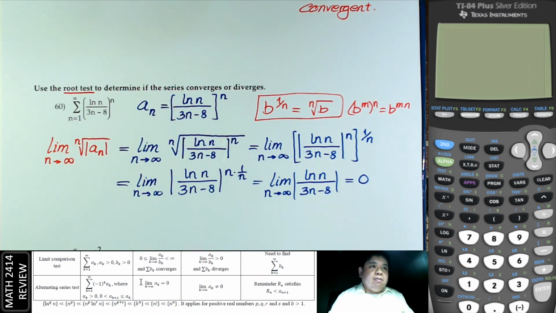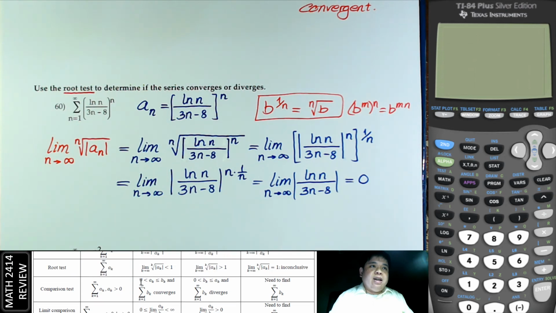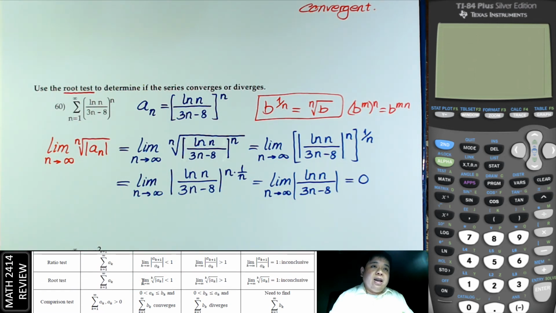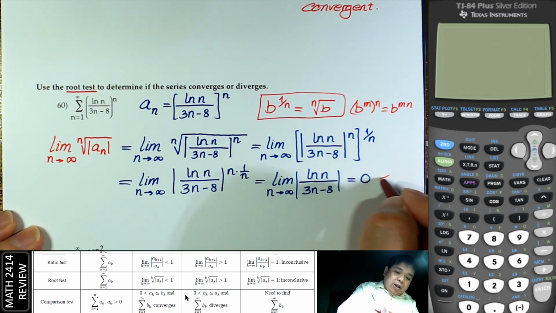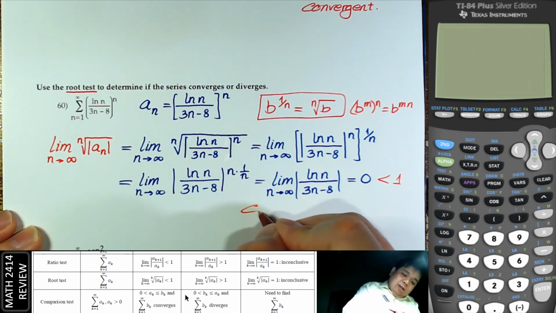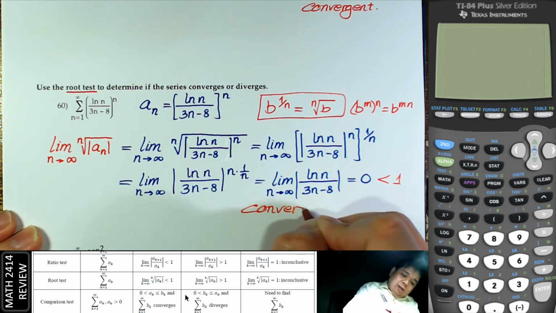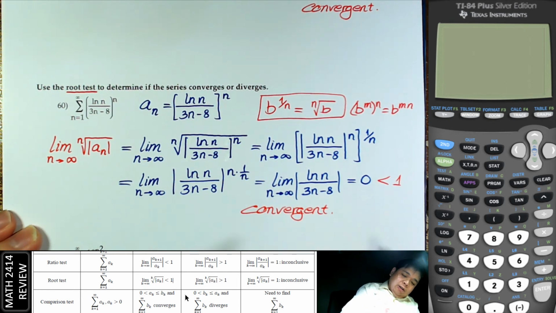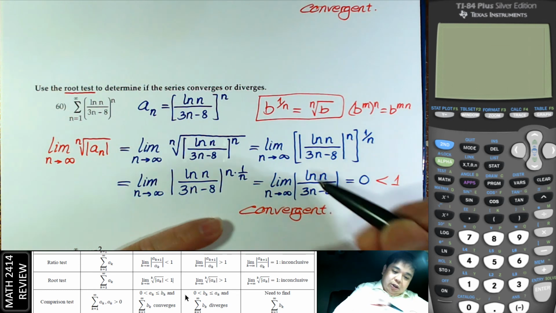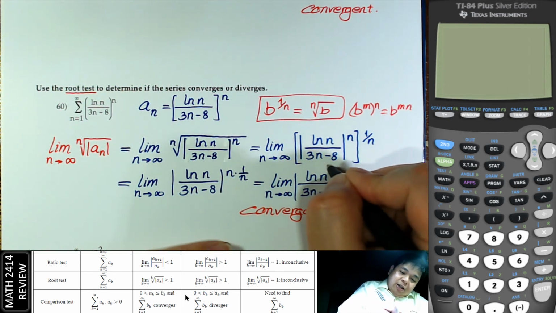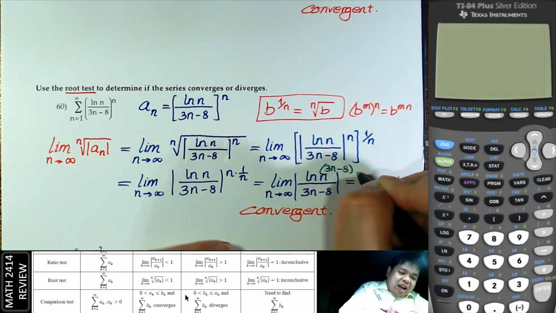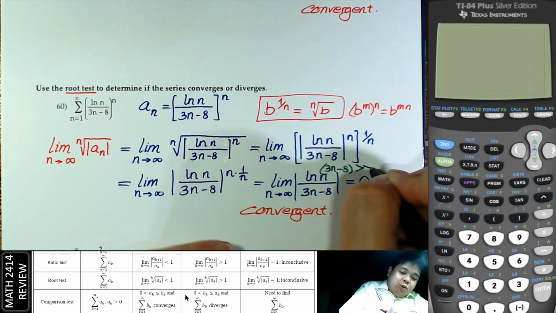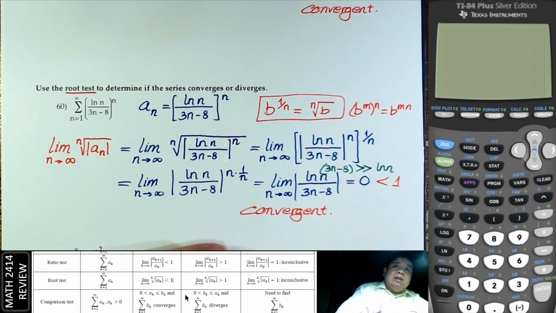And the root test says that if it's less than 1, it is convergent. So this one is convergent. Because here 3n minus 8, or just n, goes faster than ln to infinity.